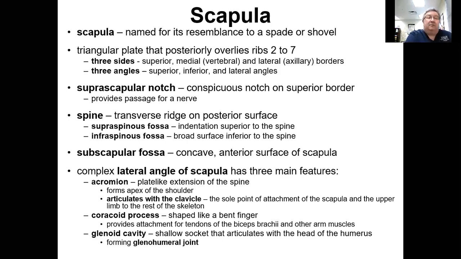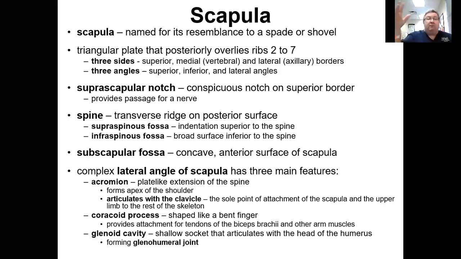The scapula is named because it looks like a spade. It's a triangular plate. It has 3 sides. It says it has 3 angles, but there's really only 2 angles that I'm going to need you to really know, and that's the superior and inferior angle, and we'll go over it.